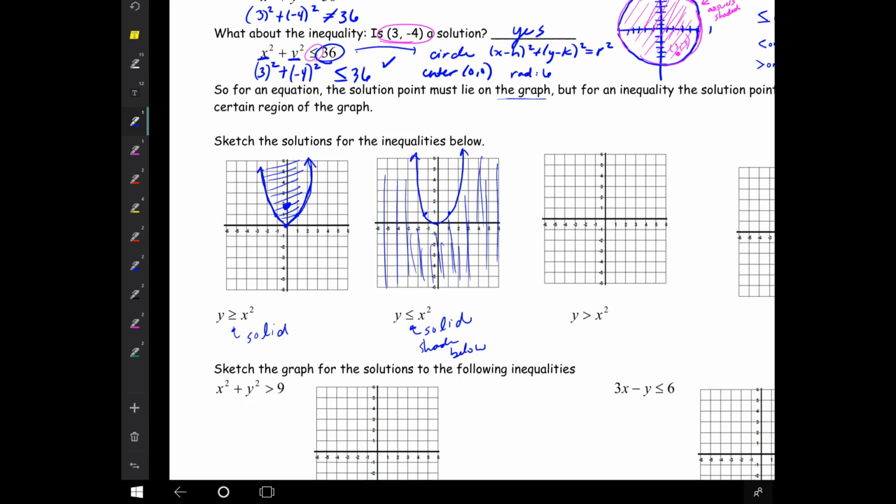Okay, what if it's y is greater than x squared? Would I have a dashed or a solid boundary line? Dashed, and again I'm going to shade above. Shade above. So I have that dashed line instead of the solid line going up.